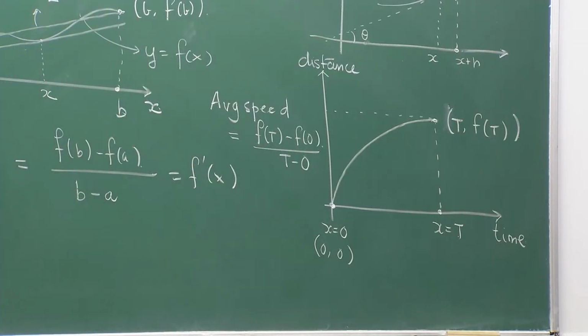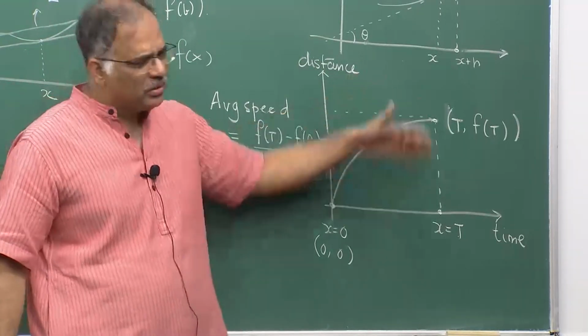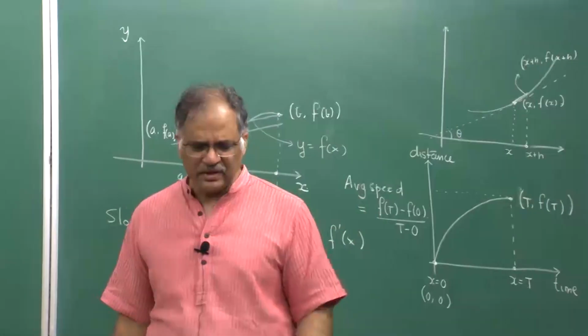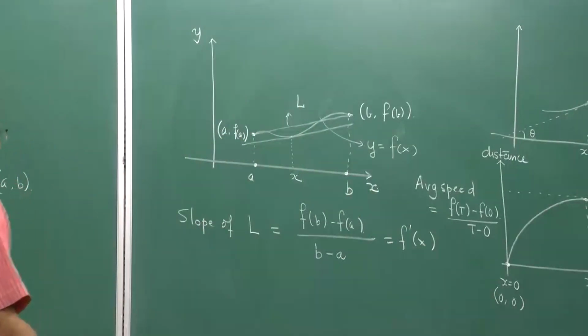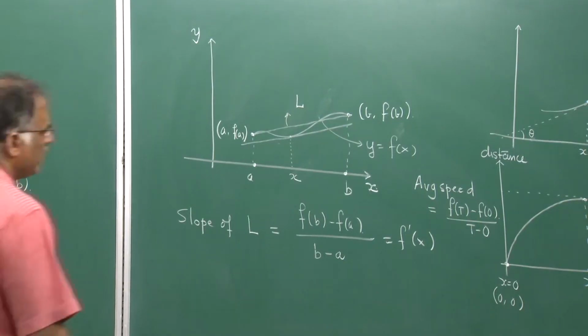And now, assuming that the path of the car which has been described is a nice function with differentiability and continuity properties, what does it say?